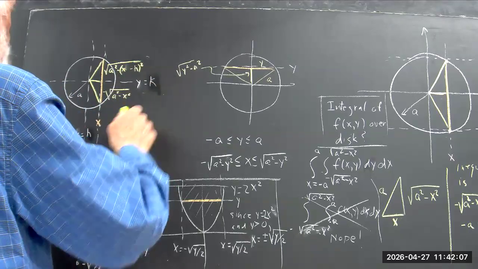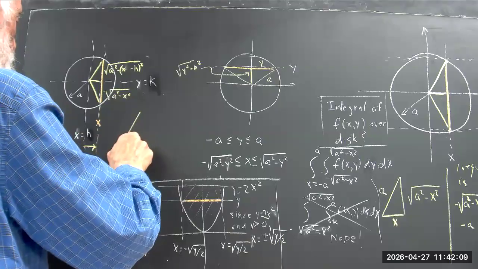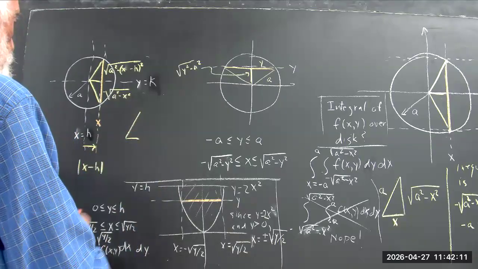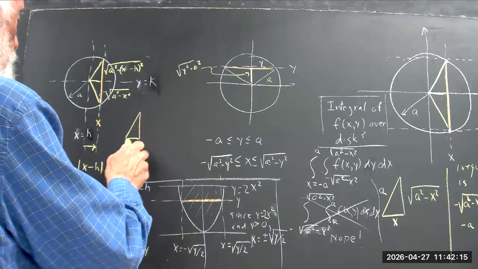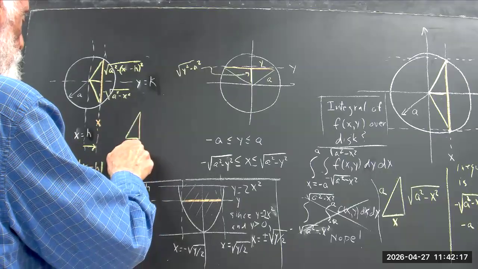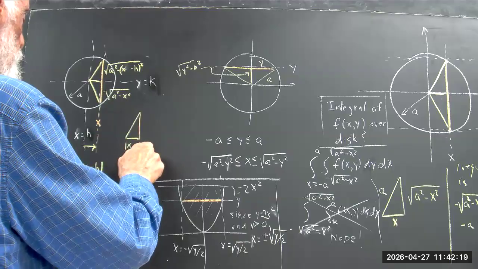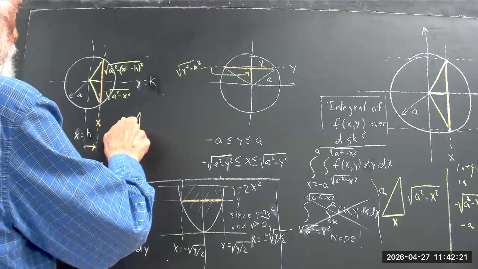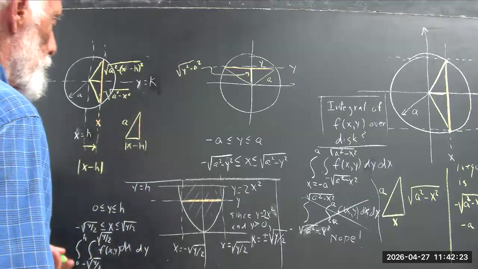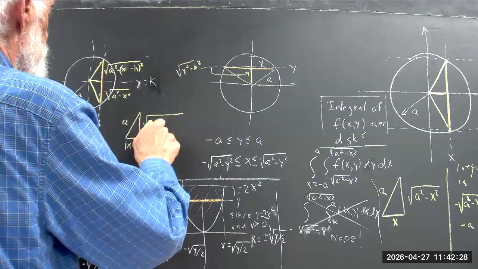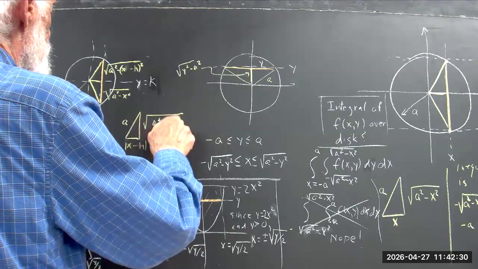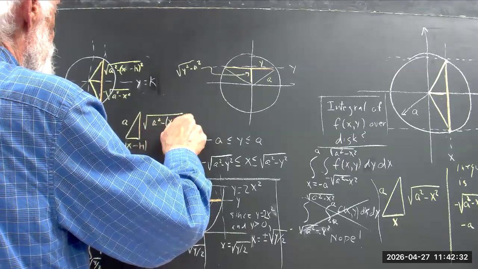The triangle has dimensions, magnitude of x minus h here, and a here. It follows that this side is the square root of a squared minus the square of x minus h.